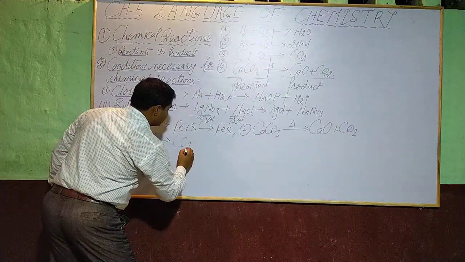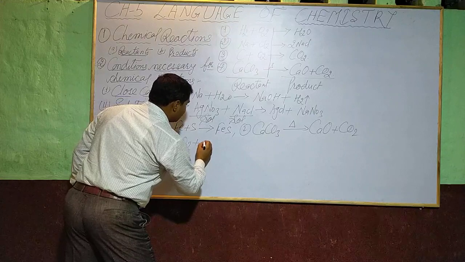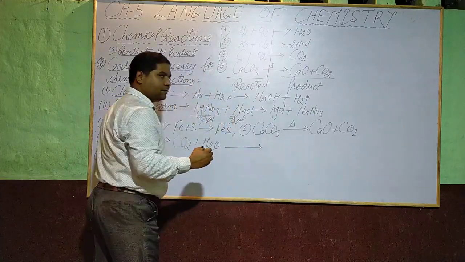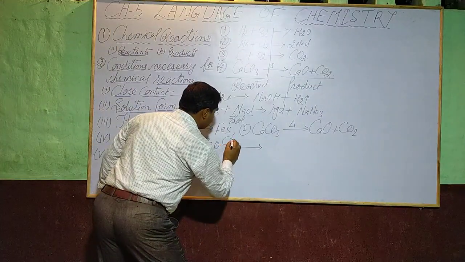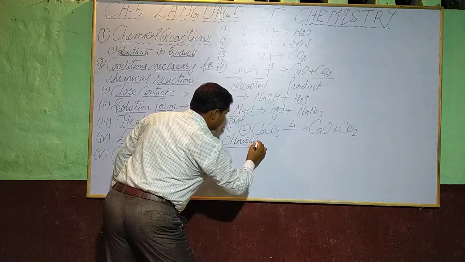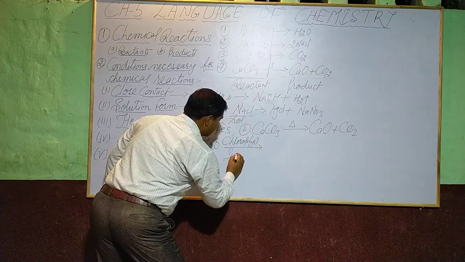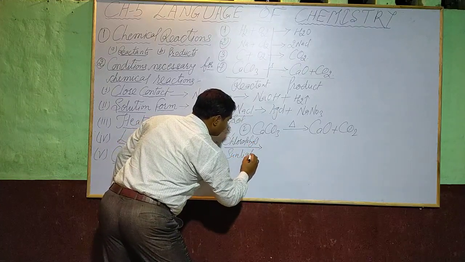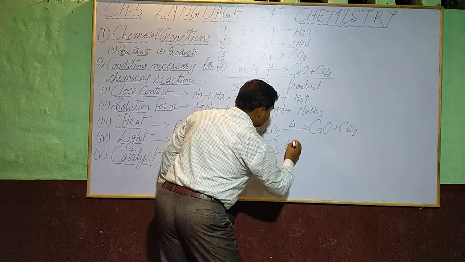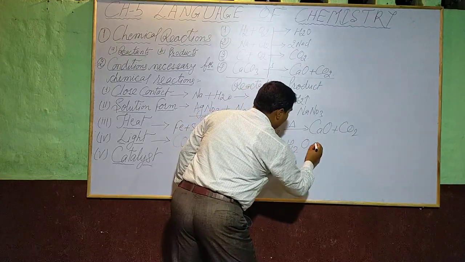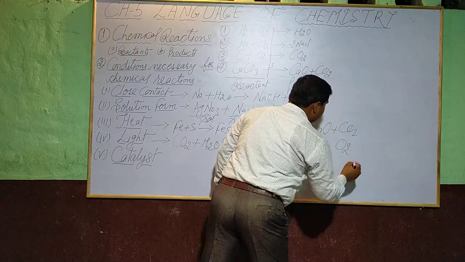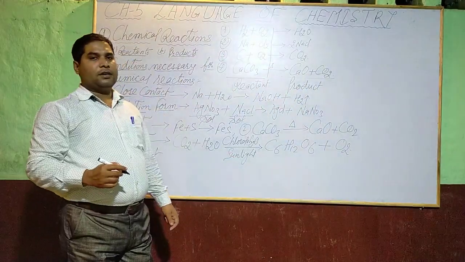Carbon dioxide reacts with water in the presence of chlorophyll and sunlight, and glucose, C6H12O6, is formed. Also oxygen is produced during the chemical reaction.